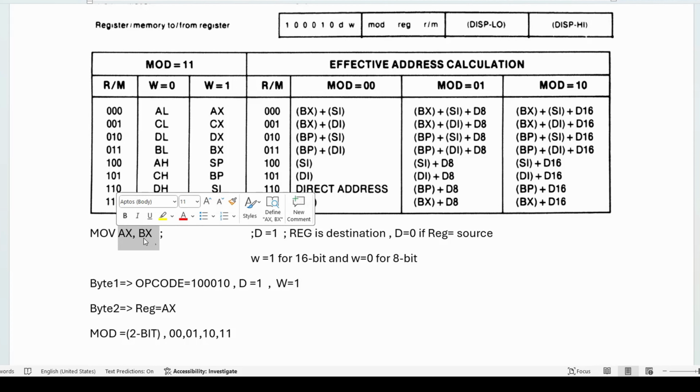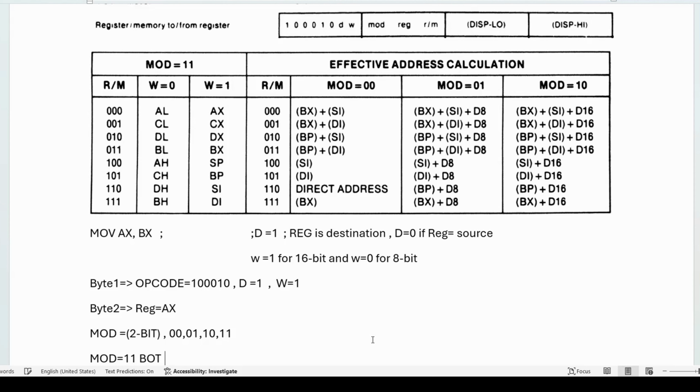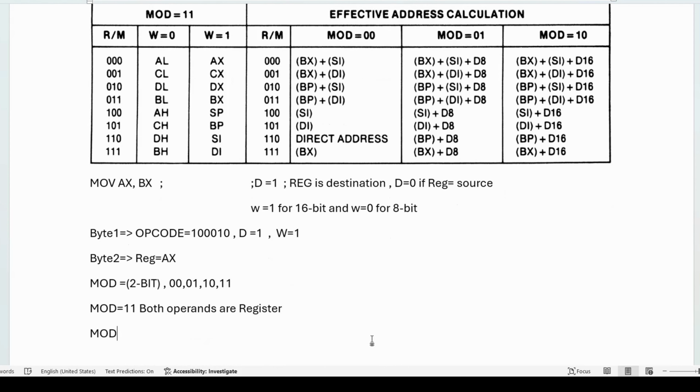In this specific example, both of these operands are registers. So we are talking about mod equals to 11, because mod equals to 11 means both operands are registers. Then we come to mod equals to 00.